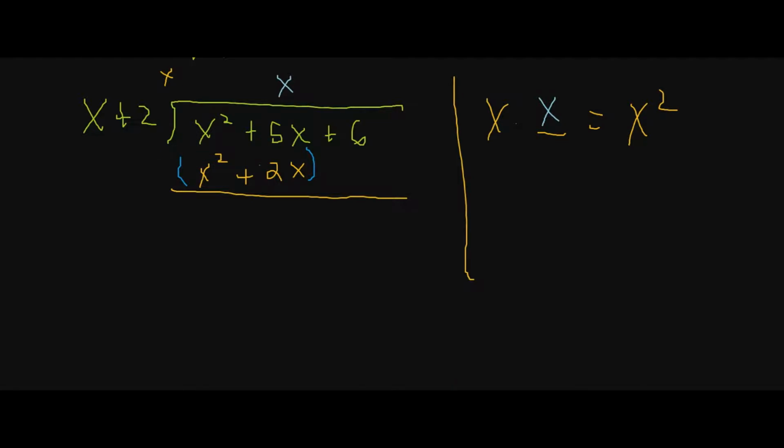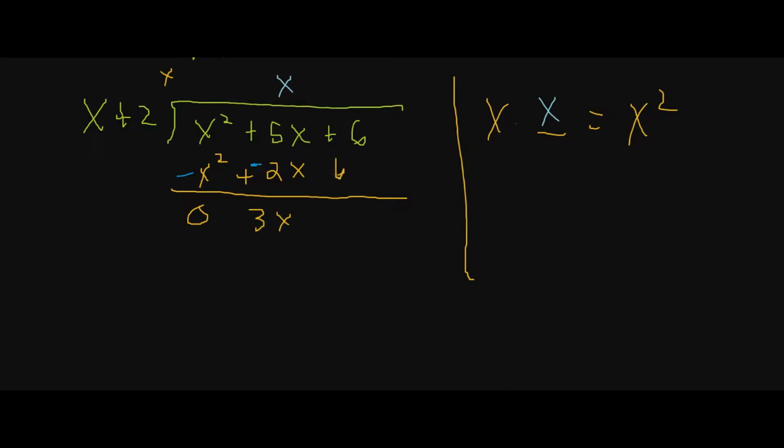So that's kind of hard to work with. Basically, when we're doing long division, all we have to do is, this is positive, we'll just flip the sign. This is positive, we'll flip the sign. That's just the same thing as subtracting. So what's x squared plus negative x squared? That gives me 0. 5x plus negative 2x is going to give me 3x.